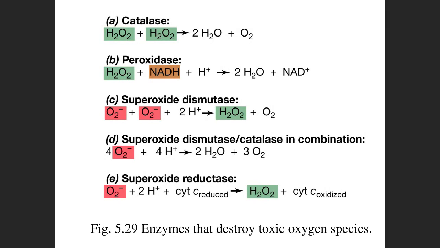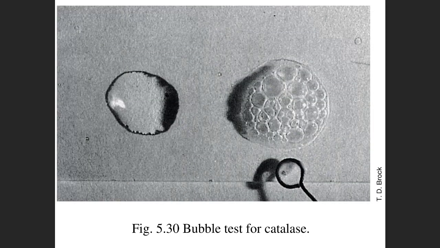So these are examples of the enzymes that some microbes will have. One of the ways you can test whether a bacteria is producing catalase is to simply put hydrogen peroxide onto the bacterial colony. And you can actually physically see the bubbling. It's a really interesting experiment.